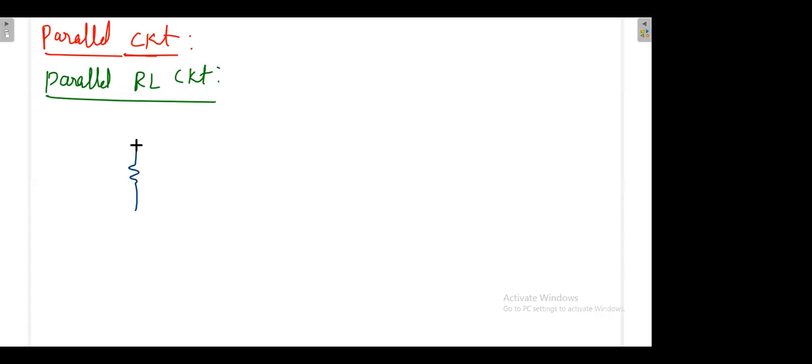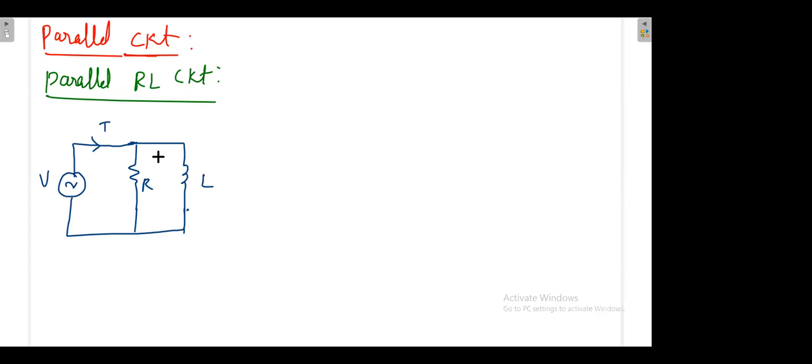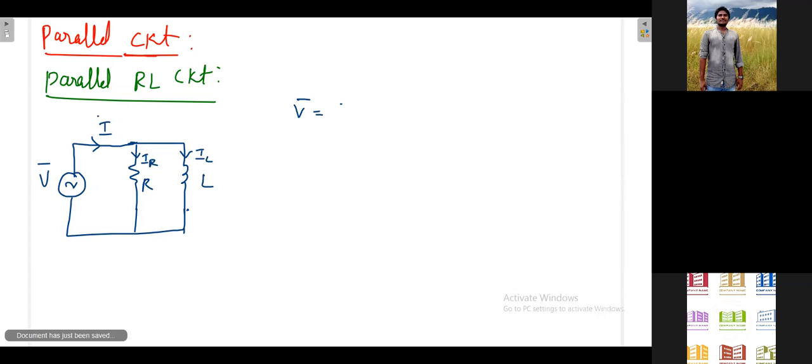Now this is R, this is L, and some AC signal V is applied. The current flowing from the source is I, and that will be distributed like IR and IL, because in parallel branches the current will vary, but the voltage is constant.